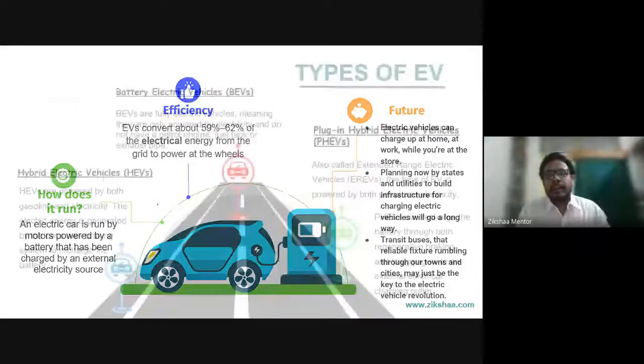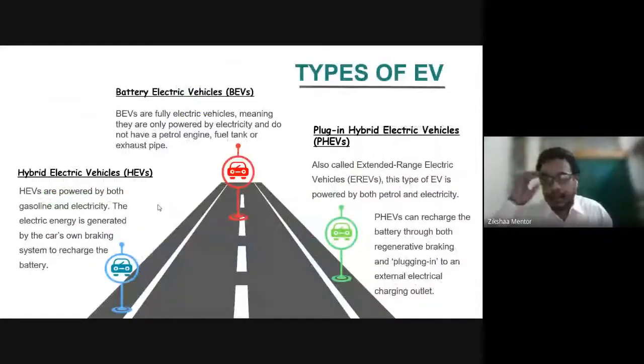So coming to the types of electric vehicles, this will be the last slide for this lecture. We'll have 5 minutes, I'll go through your questions quickly. Types of EVs can broadly be classified into hybrid electric vehicles, battery electric vehicles, and plug-in hybrid electric vehicles.